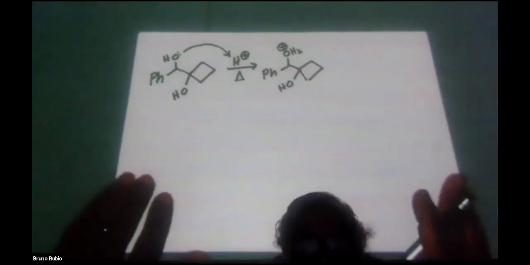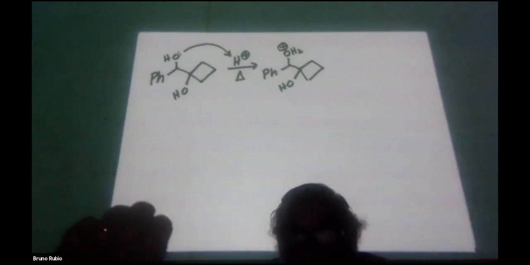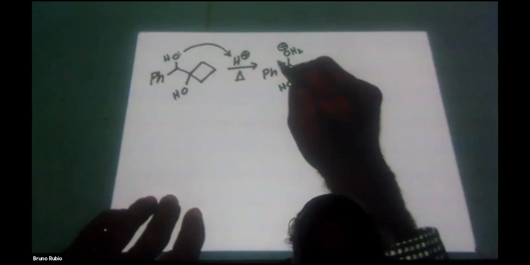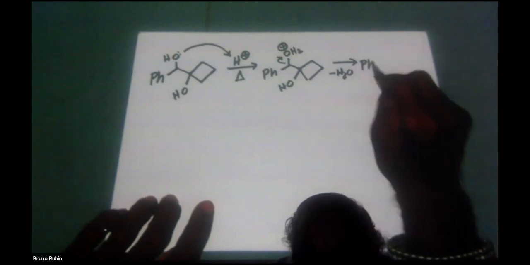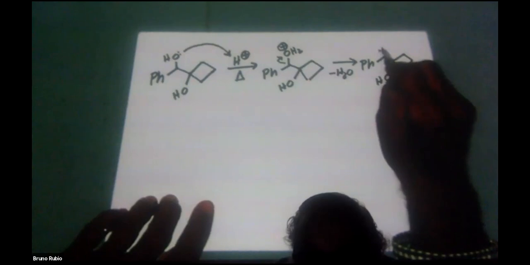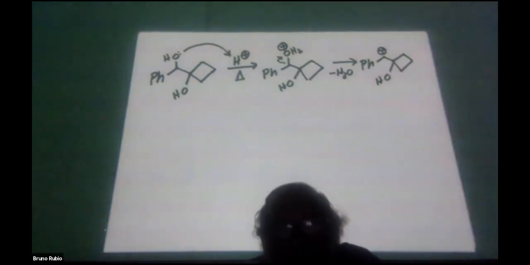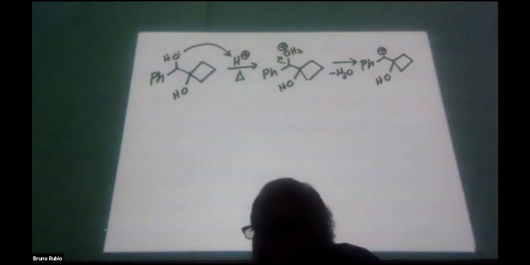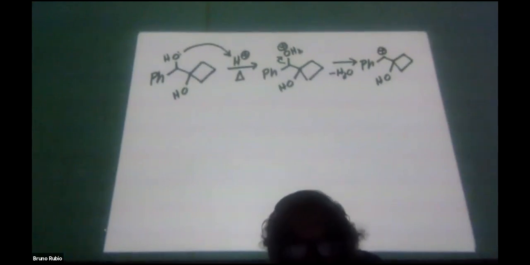And then after the protonation step, what happens is departure of water. I told you which OH got protonated, and now you tell me in the chat why. Why did the guy on the left get it?